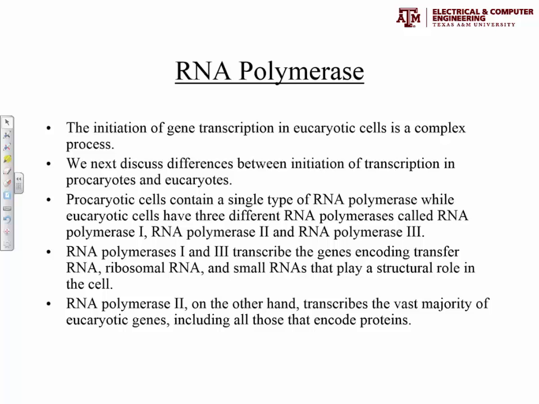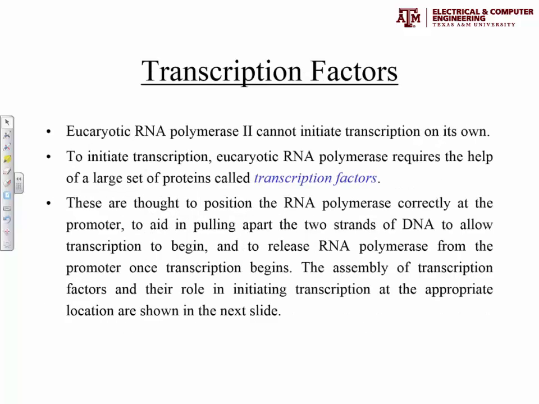On the other hand, RNA polymerase 2 is the one that transcribes the vast majority of eukaryotic genes, including all those that encode proteins. That means all those genes that produce messenger RNA. That's one important difference. So there are three types of RNA polymerase.